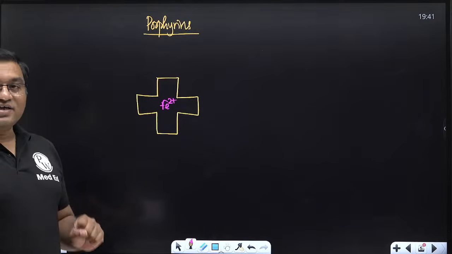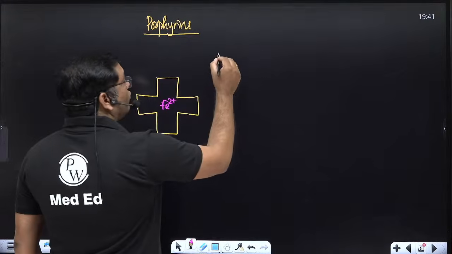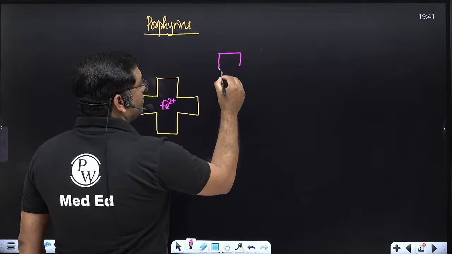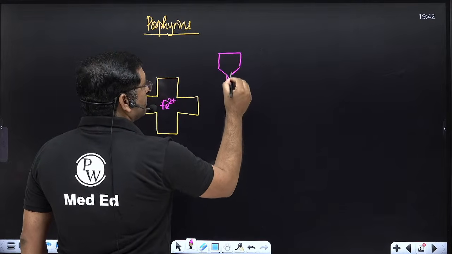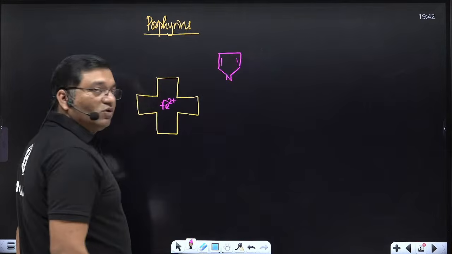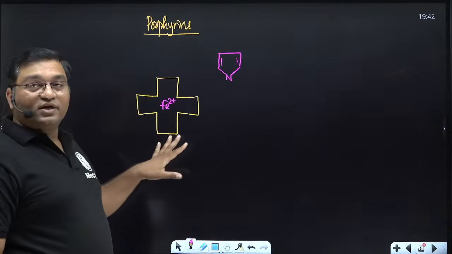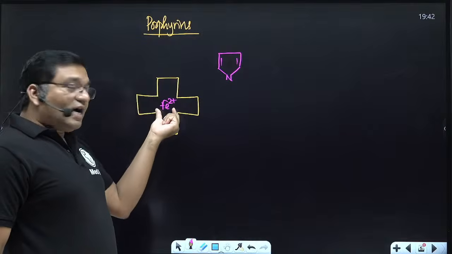Four pyrrole rings, each closed bracket represents a pyrrole ring. This is a single pyrrole ring. So there are four pyrrole rings and iron in the center.